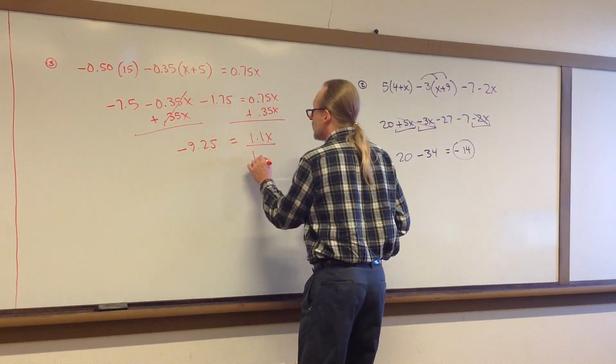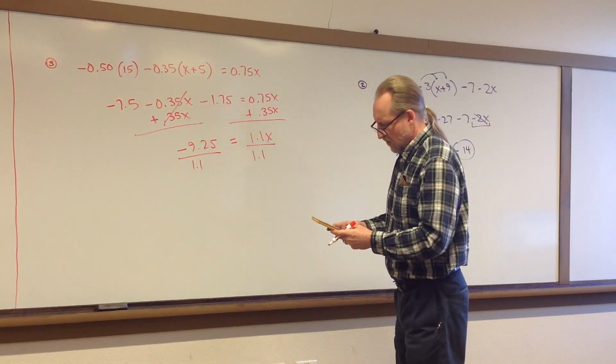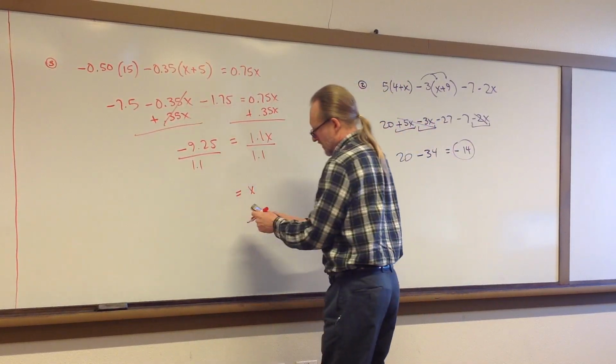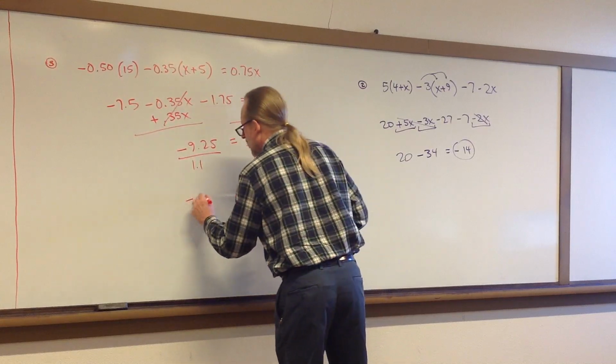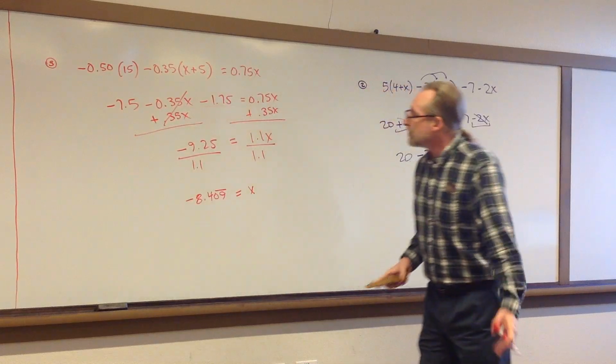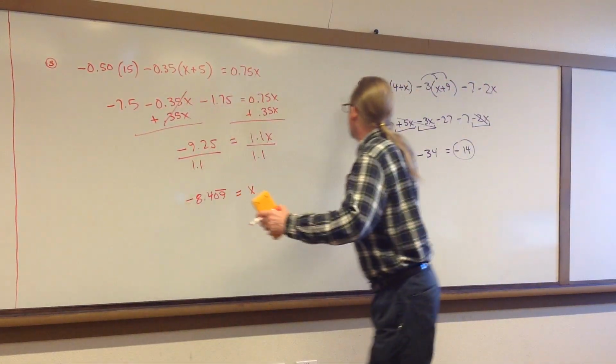Okay, so now we just need to divide on both sides by 1.1. And we get x is negative 8.409 with the 09 repeating. Okay? All right.